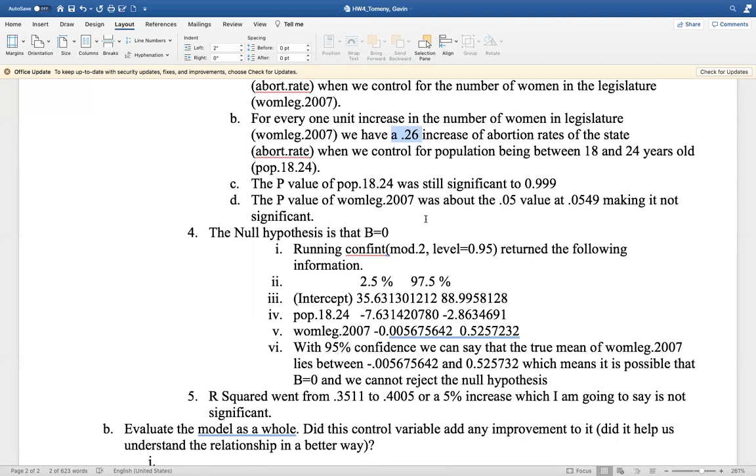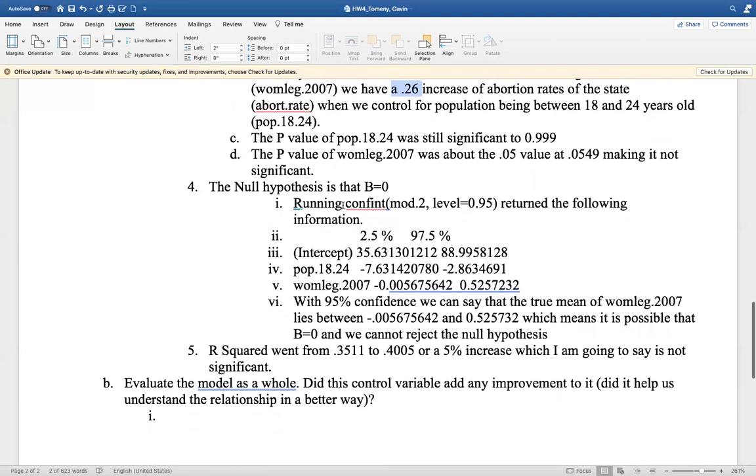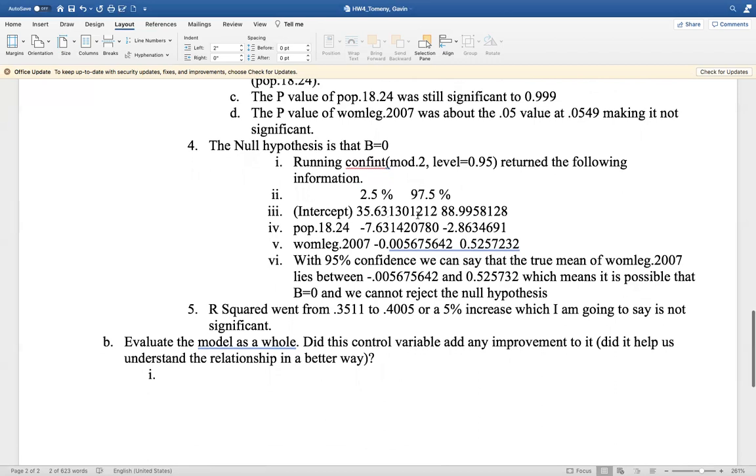No matter what, your independent variable does not have an effect on the dependent variable. That's what B equals 0 means. So when we do this code, confint at 0.95, this is getting a 95% confidence interval of mod 2, it returned this, so we see somewhere between 35 and 88 for the intercept.